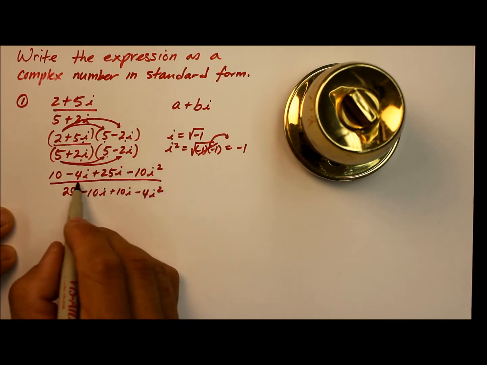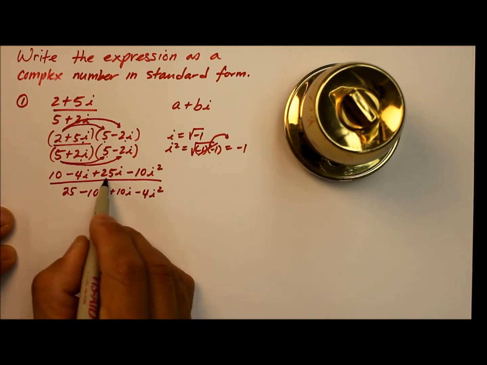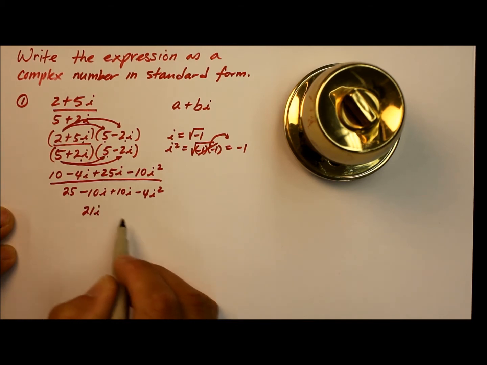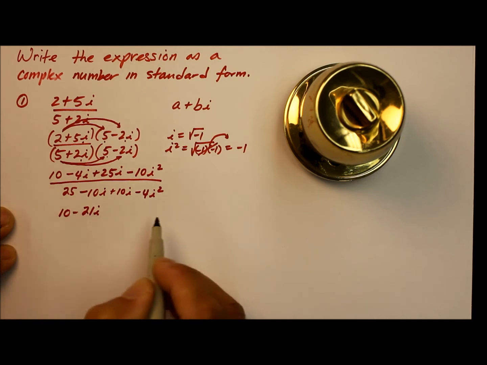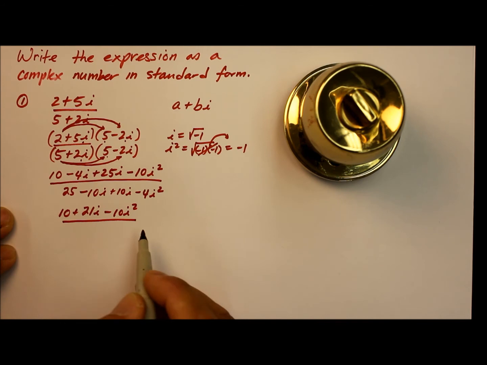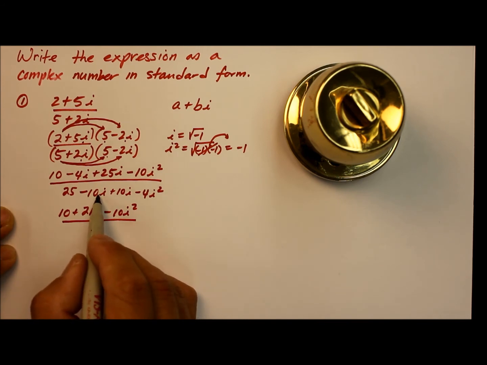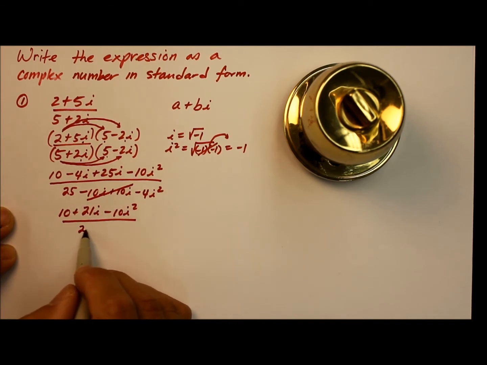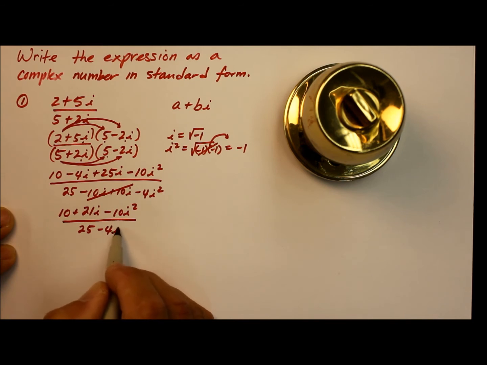What you end up getting is negative 4i and positive 25i becomes 21i, minus the 10i squared. Over, now, when you take the conjugate of a binomial, the middle term always cancels out. That's the beauty of it. So what you end up with is 25 minus 4i squared.